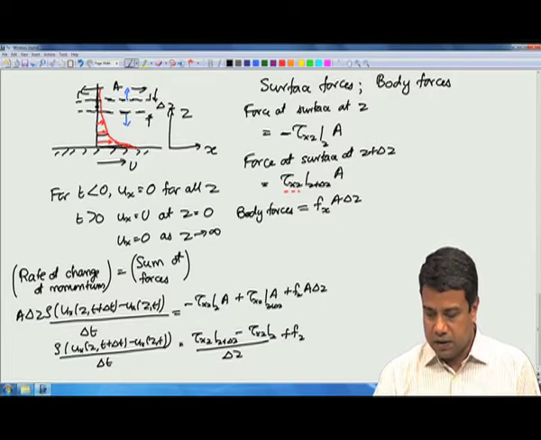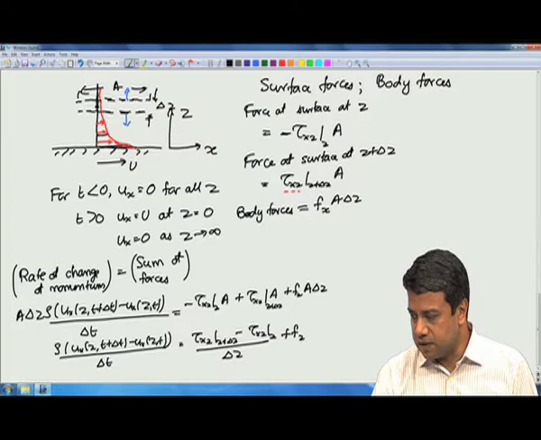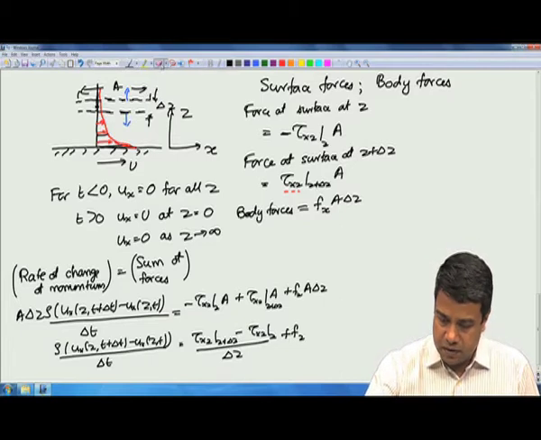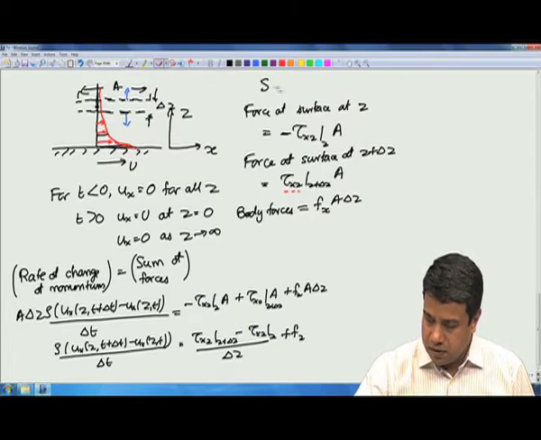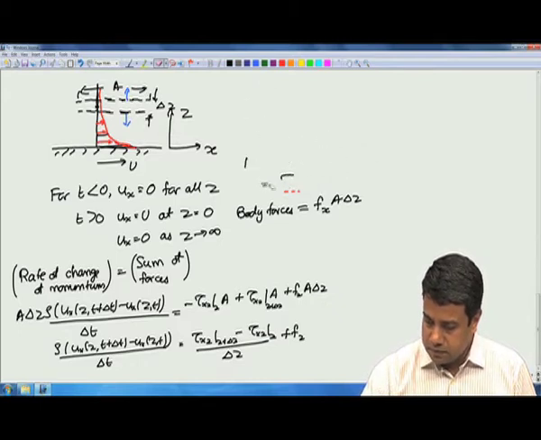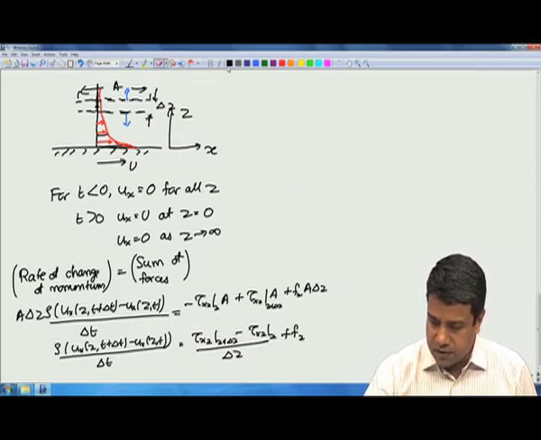And to go from this to a differential equation, all you need to do is take the limit as delta t going to 0, delta z going to 0. So, let us do that over here.